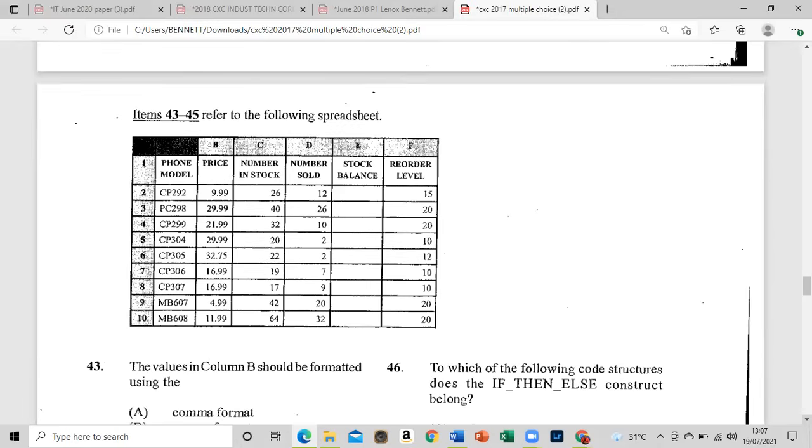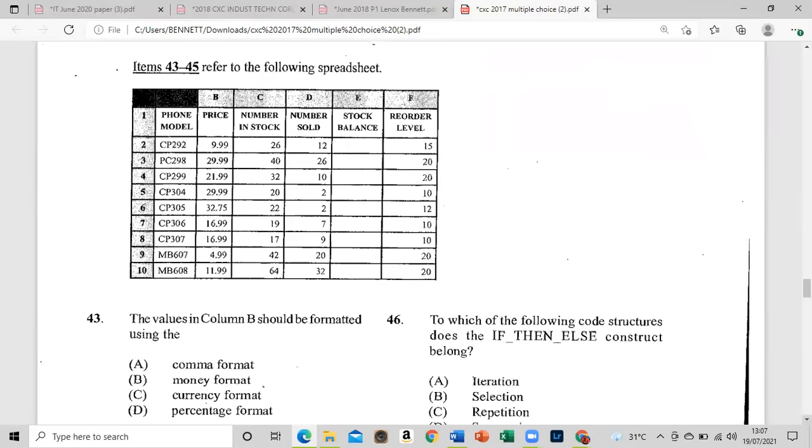Alright, 43 now. 43 to 45 refer to the following spreadsheet. The values in column B should be formatted using A, comma format, B, money format, C, currency format, D, percentage format. What is in column B?